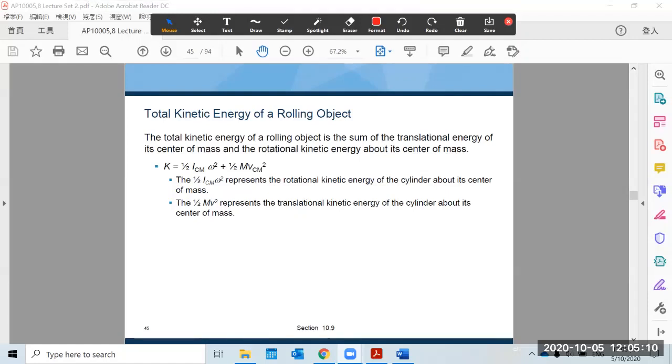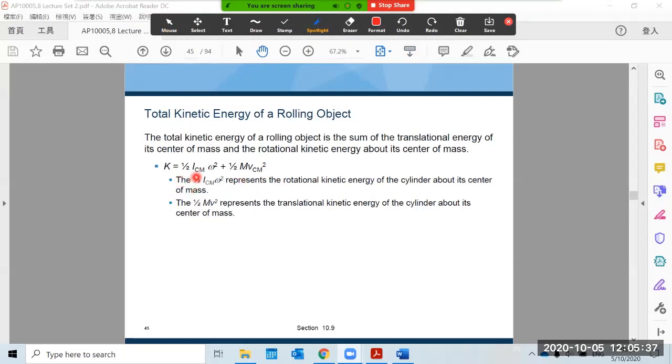So the center of mass is moving in a linear way, so it has a linear kinetic energy. But it is not the same as a purely linear motion. You have the object that is also rotating about the axis of rotation. So you have to add up the energy for the two different situations.